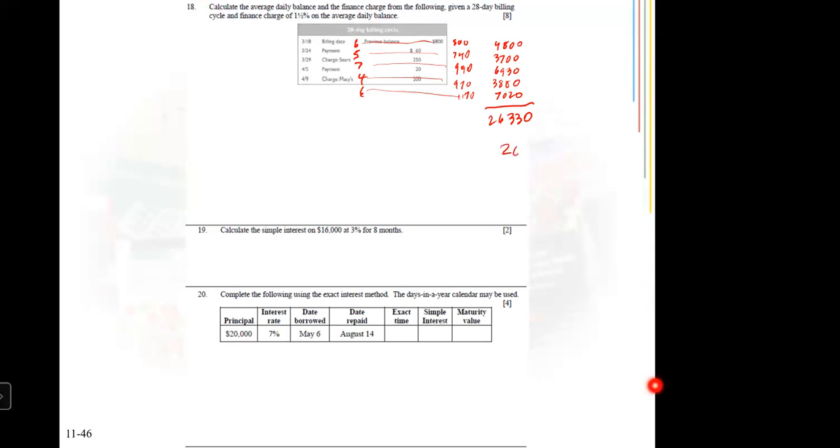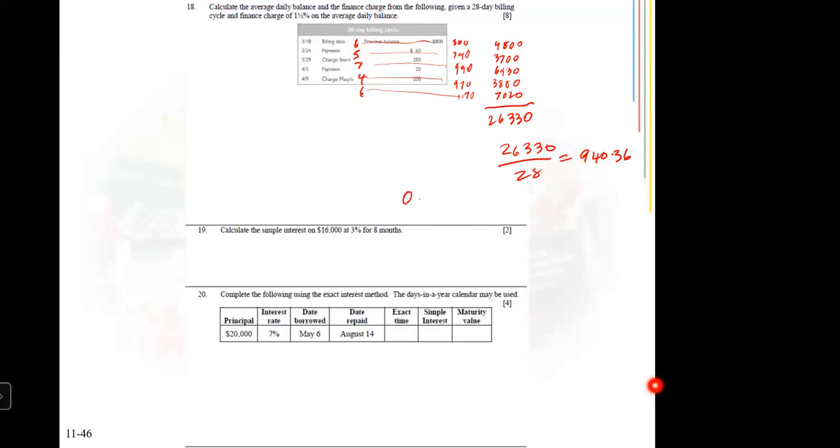And you're going to divide that by the 28. So 26,330 divided by 28 gives us 940.36. And that's your average daily balance. And then you find 1.5% of that to find the amount for the charge for that month.